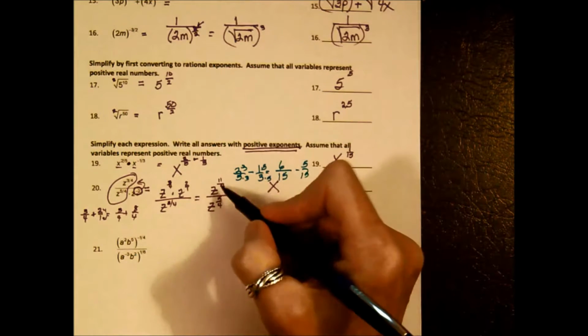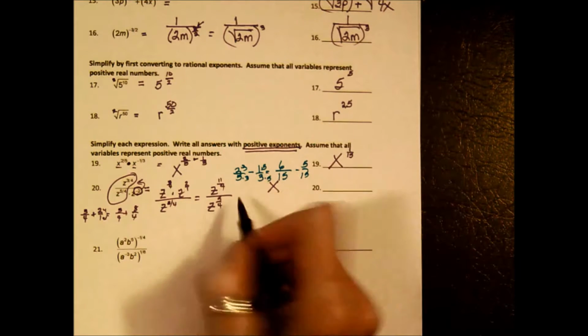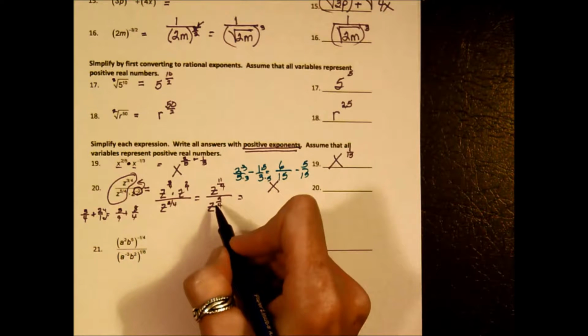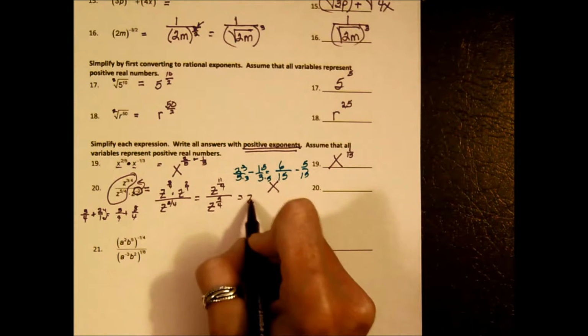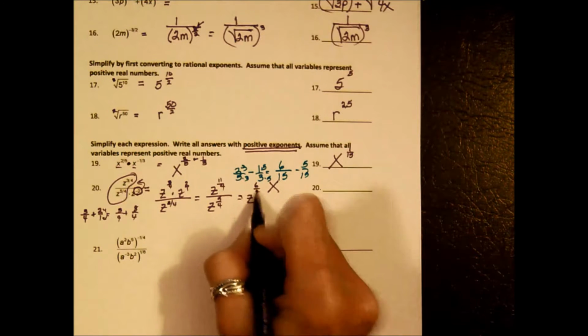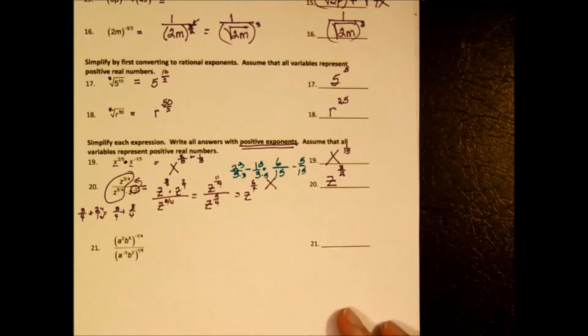Now you have to know the quotient rule, which says if you were dividing like bases, you subtract. So 11 take away, they already have like denominators, by the way, 11 take away 5 gives us z to the 6 fourths, and now I need to simplify that, which is z to the 3 halves. So there is a lot going on in these. You want to be very, very careful.